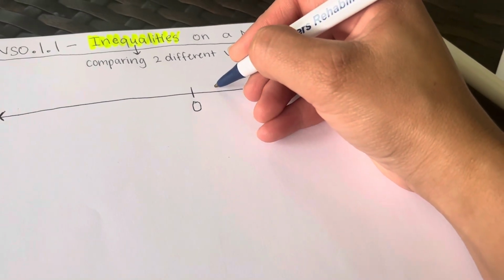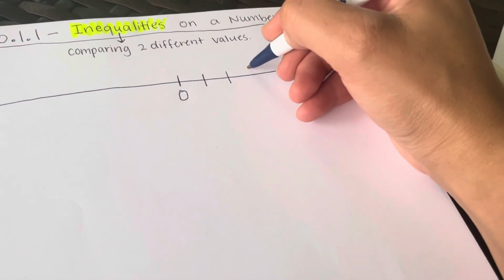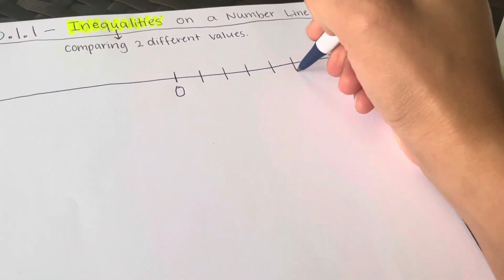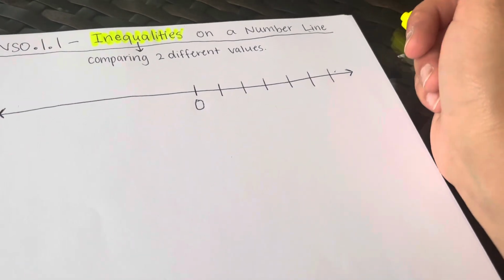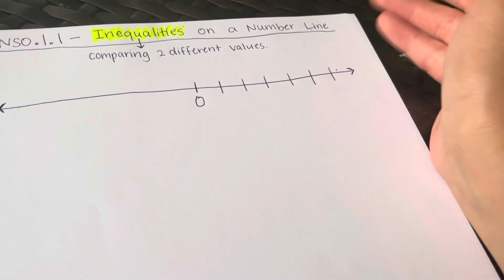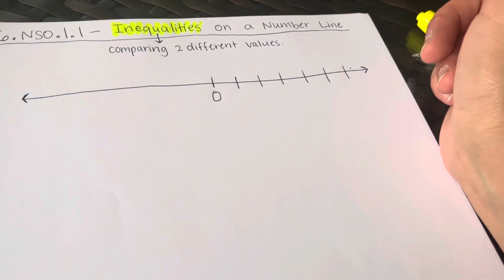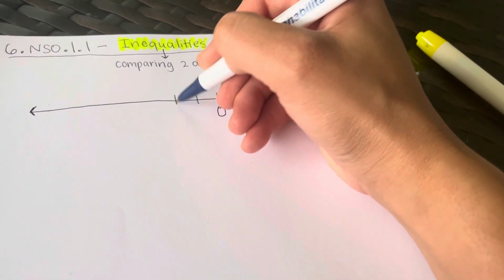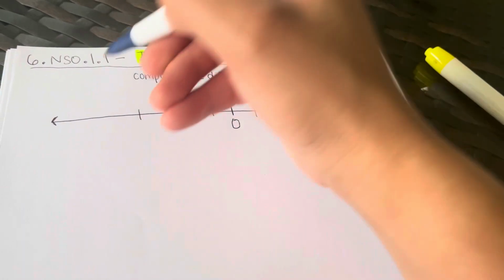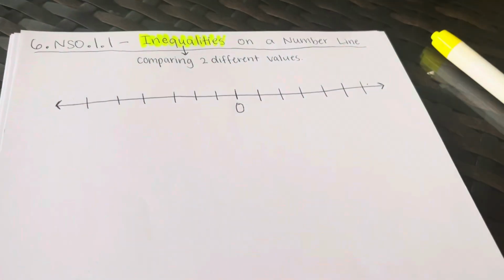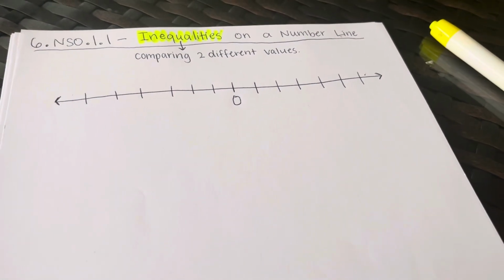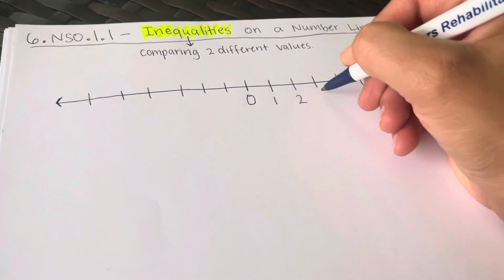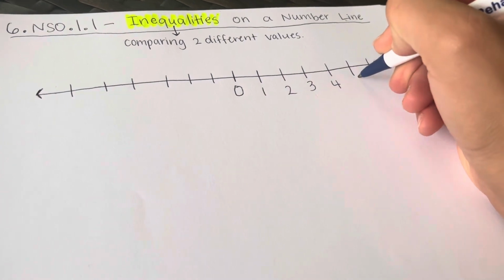So I'll put 1, 2, 3, 4, 5, 6 little notches after 0. I'm going to do the same thing in front of 0. So I'm going to do 1, 2, 3, 4, 5, 6. If that's 0, I'm going to go ahead and label just 1, 2, 3, 4, 5, and 6.